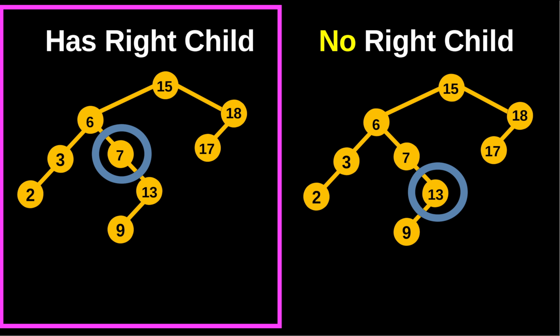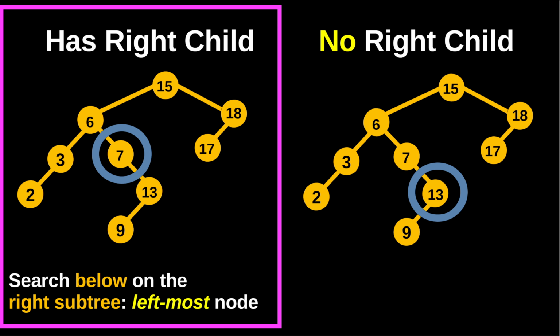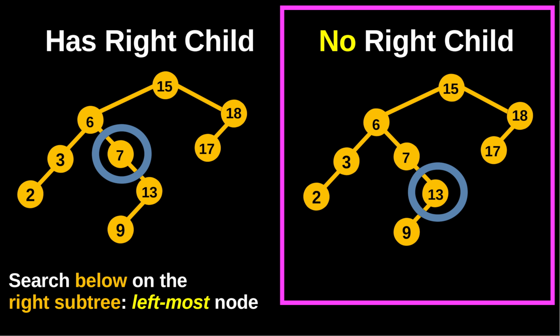When we search for the in-order successor in the right subtree, we are looking for the leftmost node. If the node has no right child, then we have to search for the in-order successor outwards. For example, in this case, if we are given the node 13, to find the in-order successor of 13, we have to go upwards to find 15.